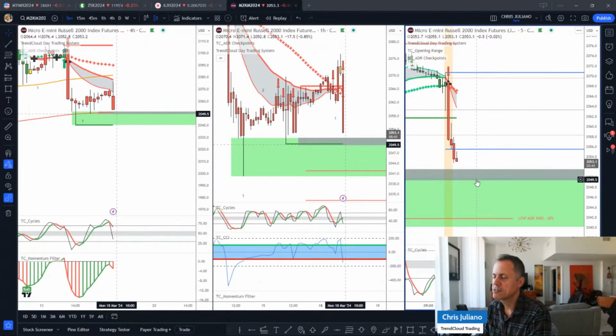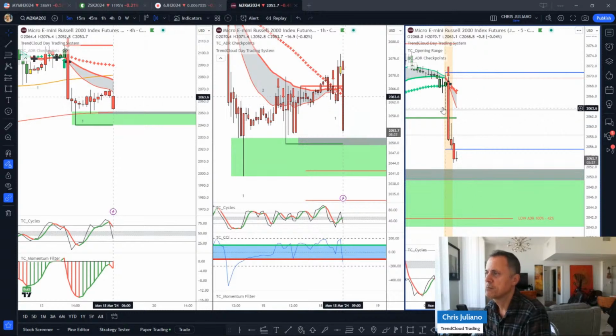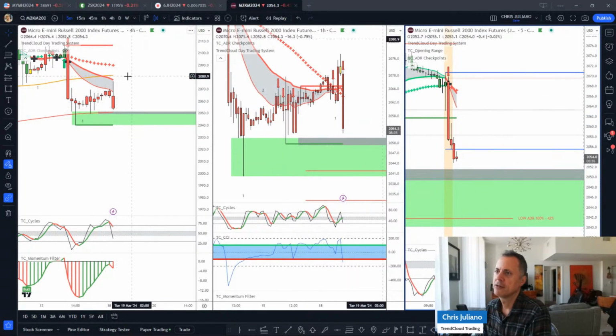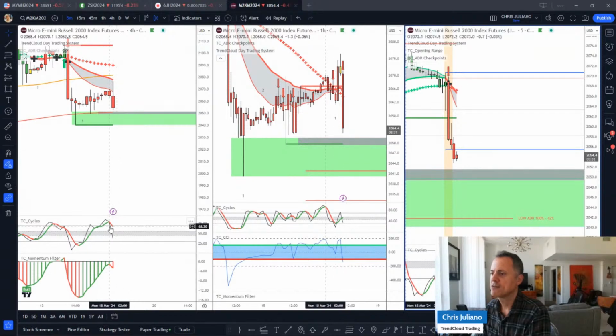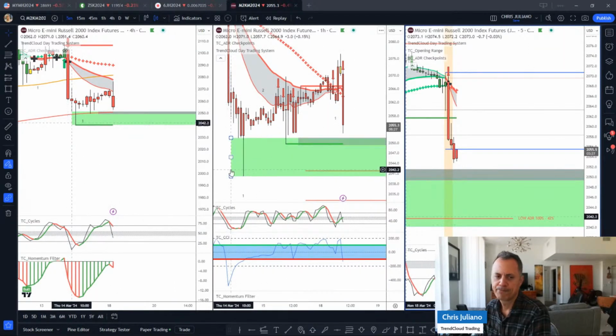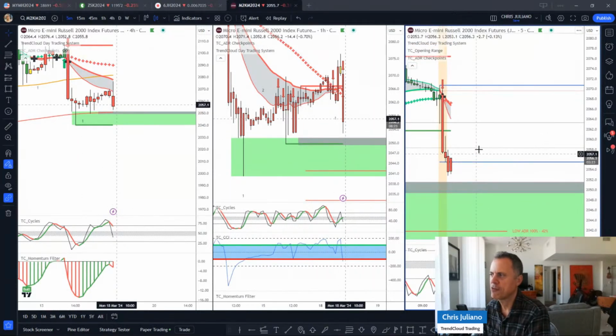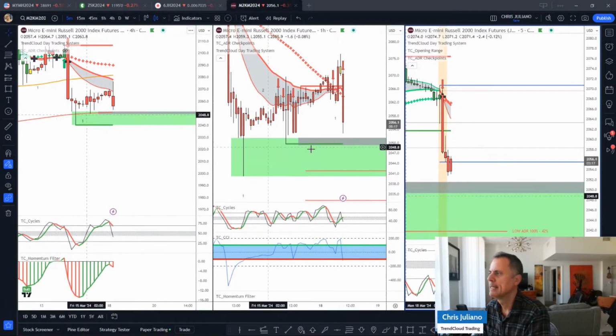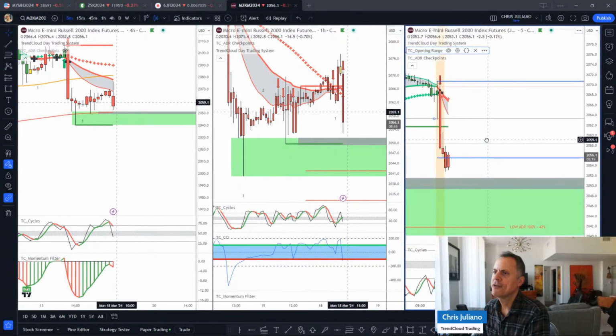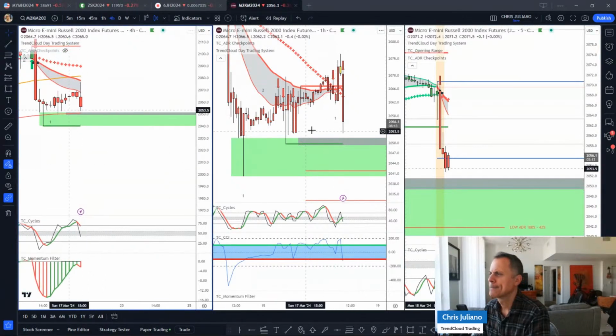Breaking out to the downside makes sense because look, trend down, momentum is down, cycling down, momentum is down on the middle time frame. We've got a ton of force to the downside, but we're running into that 200 simple. So we have to watch it make a reaction.